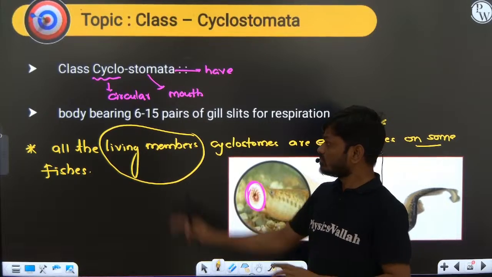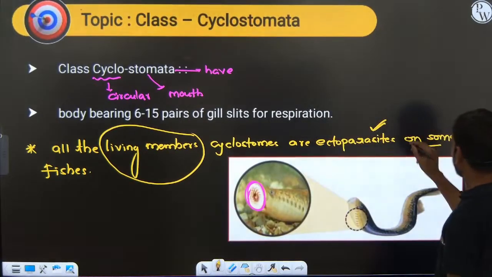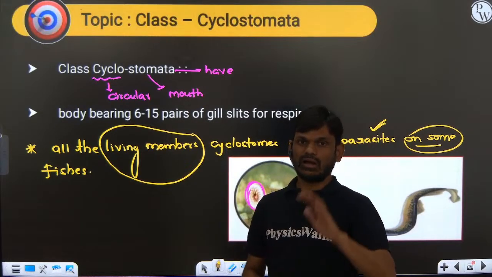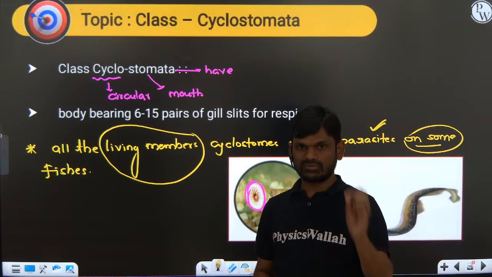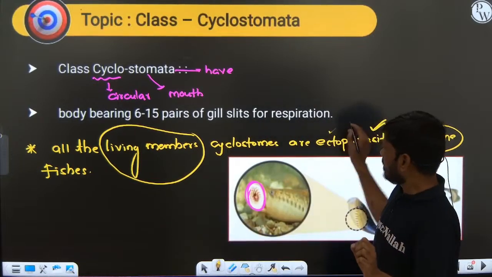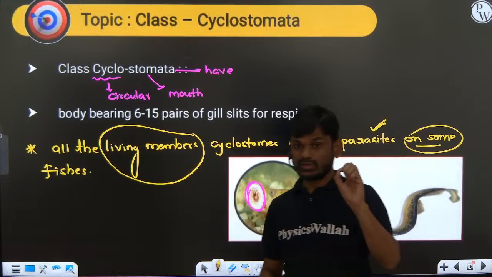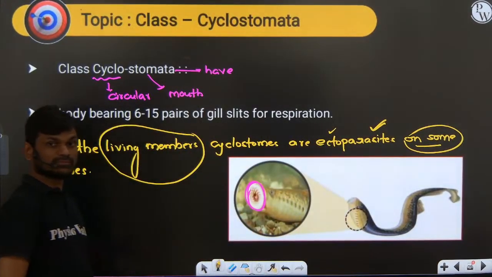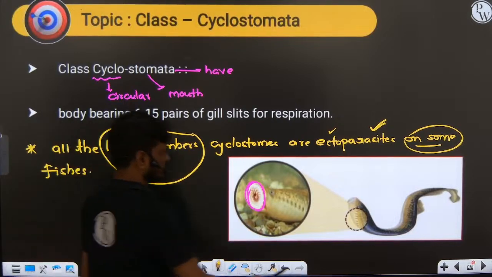The same question may be asked with "all fishes" instead of "some", but they are acting as ectoparasites only on some fishes. This point is very important.